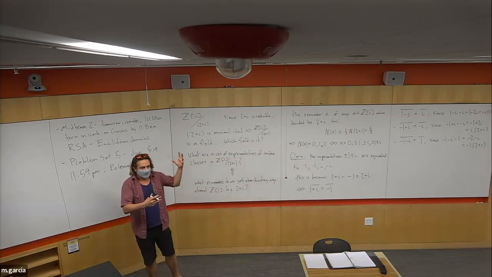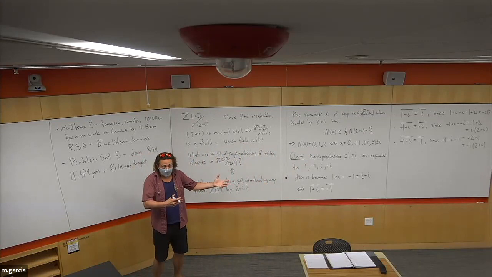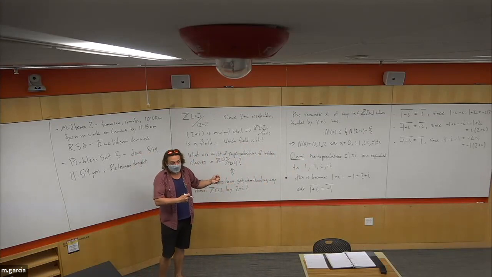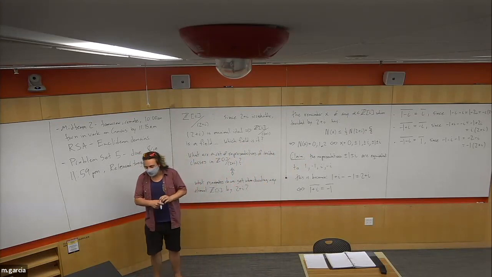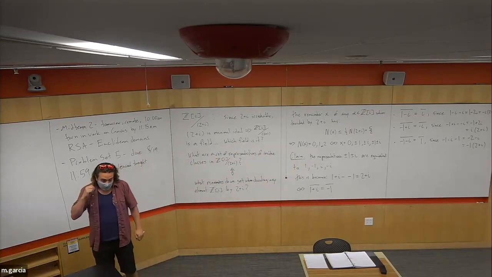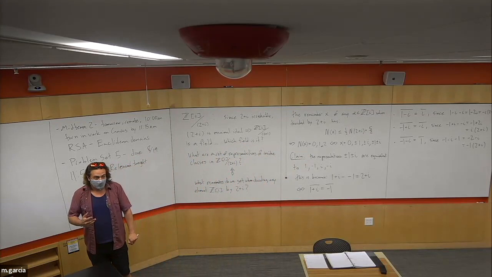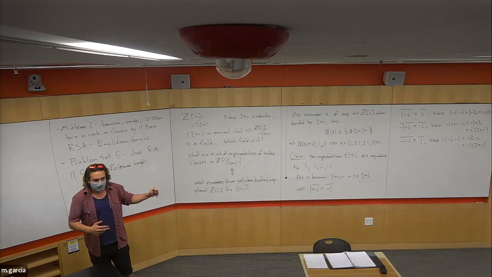Then you can come up with a list of possibilities for that, but then you have to check that none of those are associates, right? So this issue of having more than 2 units, plus or minus 1, is really what complicates things here.